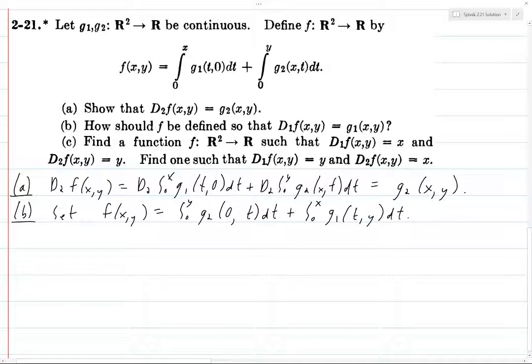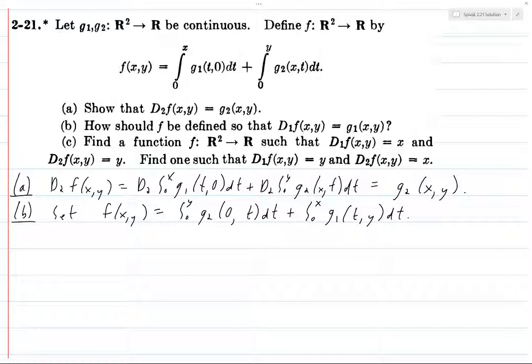And then if you take the derivative of this with respect to x, again, the first term here does not depend on x at all, so it will be 0. And the second term, you use the fundamental theorem of calculus, and you'll get g1 of x comma y.